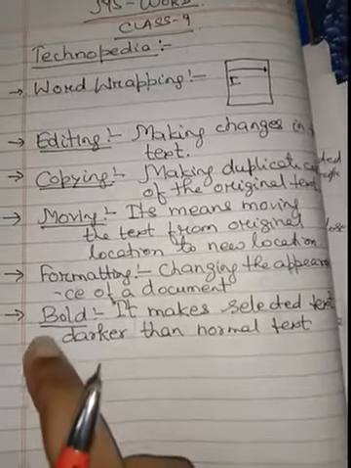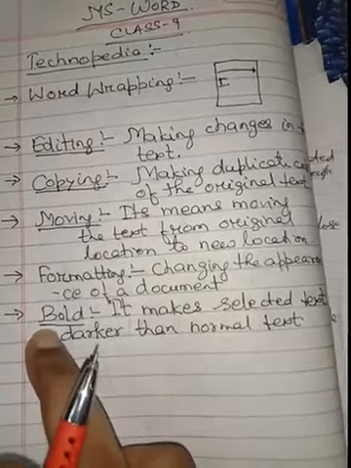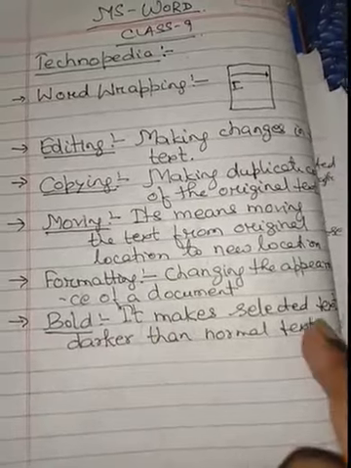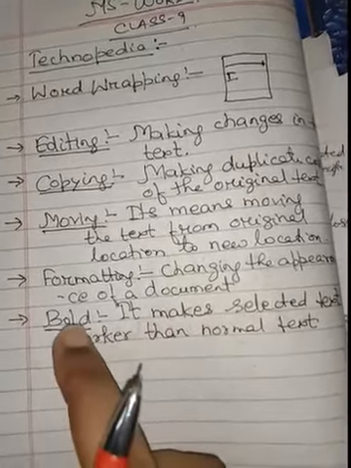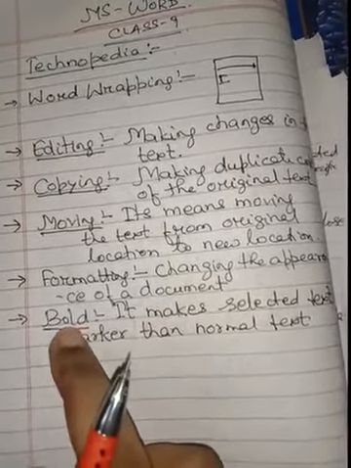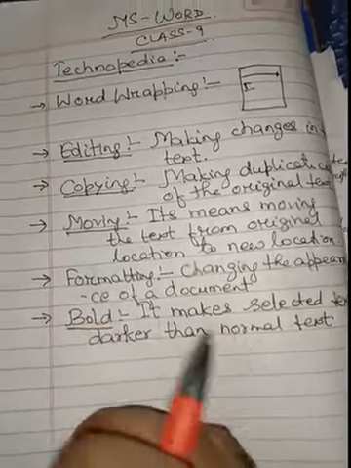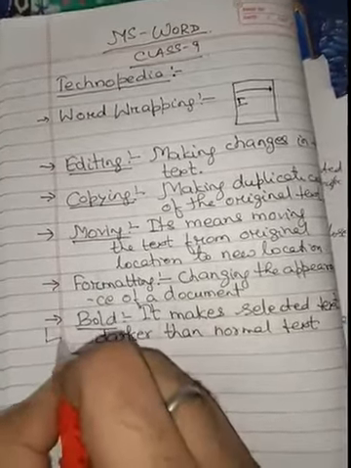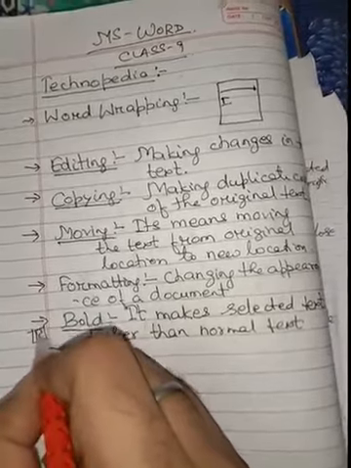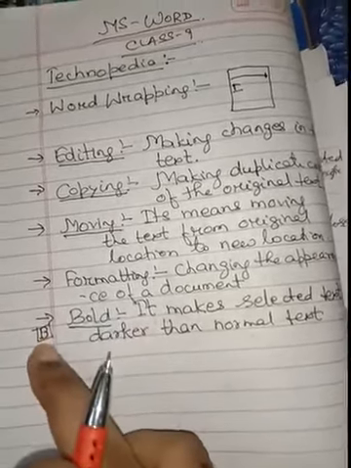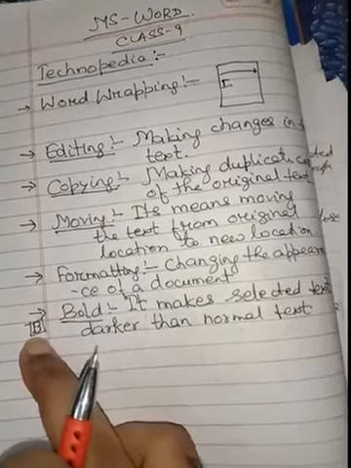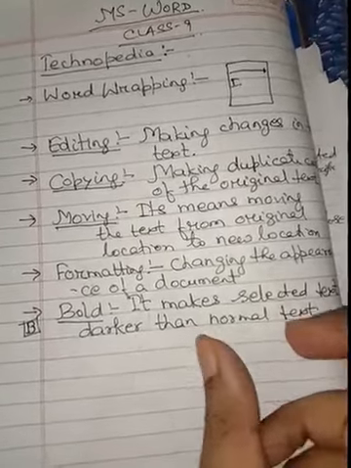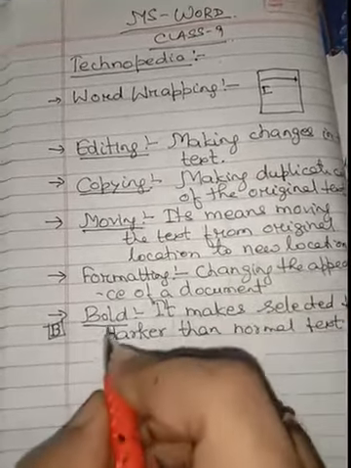The shortcut for bold is Control plus B. Select the text and then go to the formatting bar, and from there we have the option of bold, like over here. This is the bold option. As soon as you click on bold option, the text that you have selected gets darker.